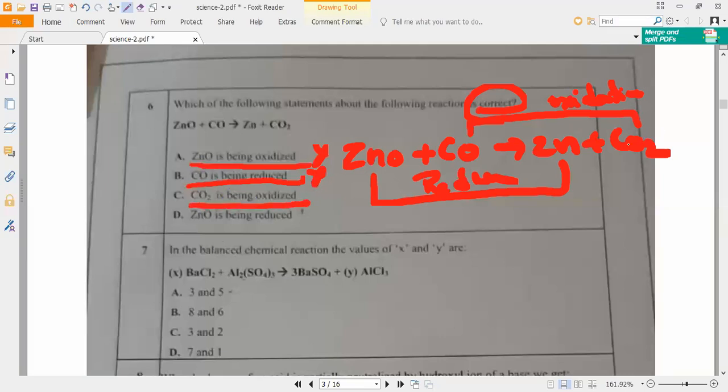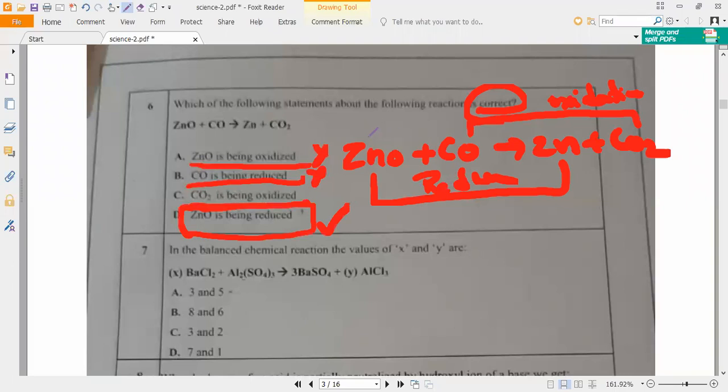No, CO is being oxidized. Now, is zinc getting reduced or zinc oxide getting reduced? Zinc oxide is getting reduced. Now, last one, what is the correct answer? ZnO is being reduced. Understand? Be very careful.